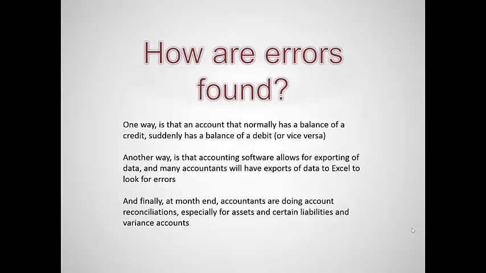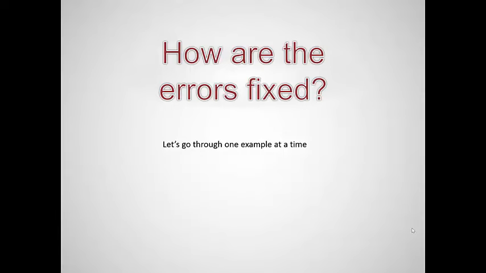And finally, at month end, accountants are doing account reconciliations. They have to do this for assets, certain liabilities, and variance accounts because they have to verify that what is being represented in those accounts is truly accurate, and they have a whole lot of different ways of doing that. So how are these errors fixed?